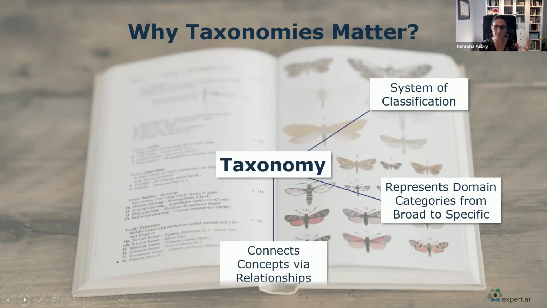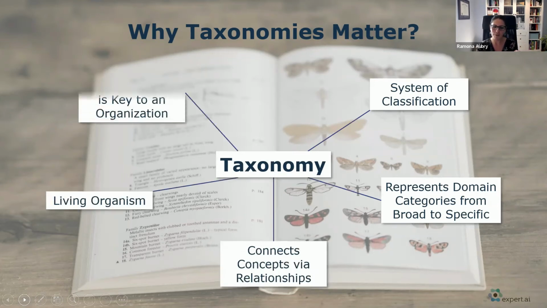I have here a few animations just to quiz you, to remember an easy way to think of definitions of a classification provided by a taxonomy, but most importantly, why they matter. They matter because they help us solve these challenges.